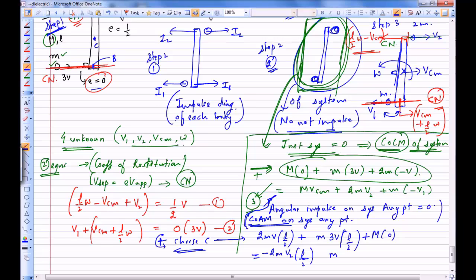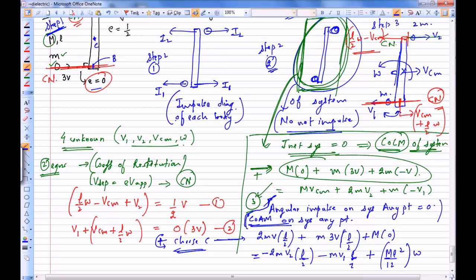Of the particle of mass M would be M V1 L by 2. Now this angular momentum of this mass M about C is again in the clockwise direction, so we put a negative sign over here. Plus capital M L square by 12, that is ICM omega.